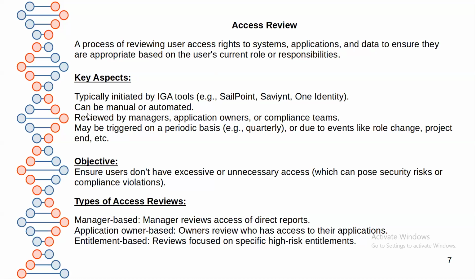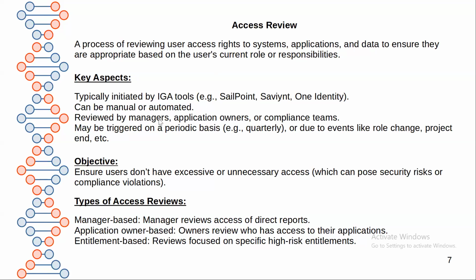This access review can be manual or automated. When I say manual, you can write a policy upfront and execute it yourself, or you can have automation where the policy is already written and triggered on the first of every month.